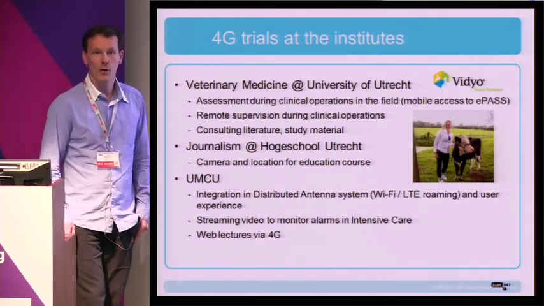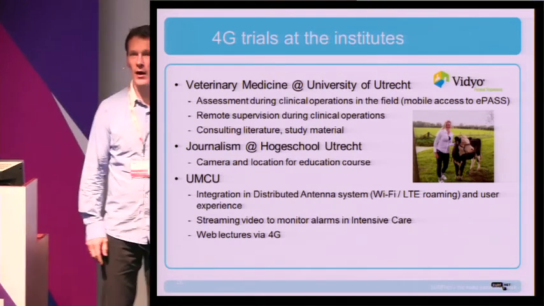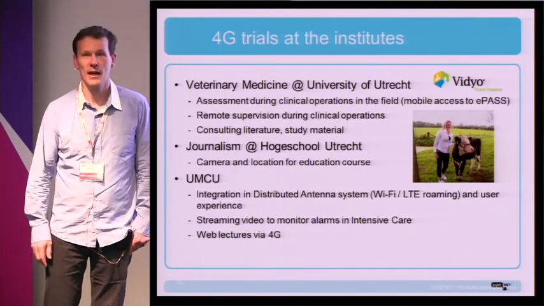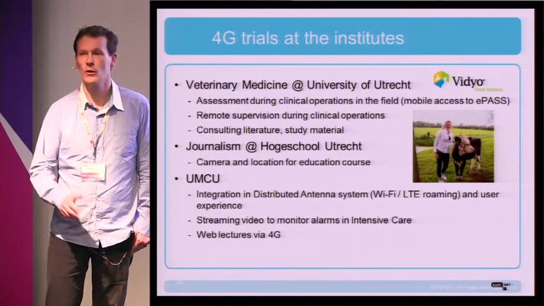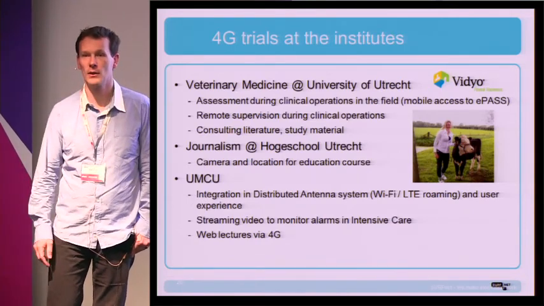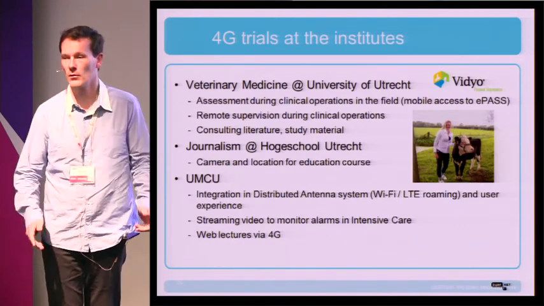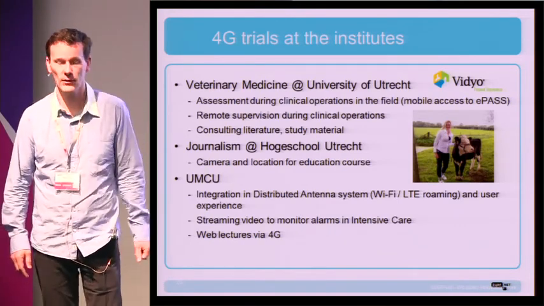So we will look at cows, actually, with the 4G trial, and that is because 2.6 gigahertz is great for outside. And that means that we look for trials outside the buildings, also because outside the buildings is no Wi-Fi, or not always Wi-Fi, and inside the building is.